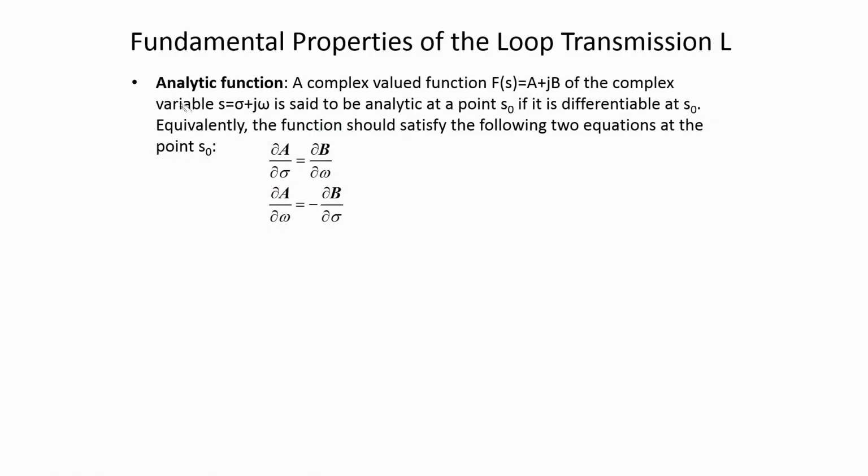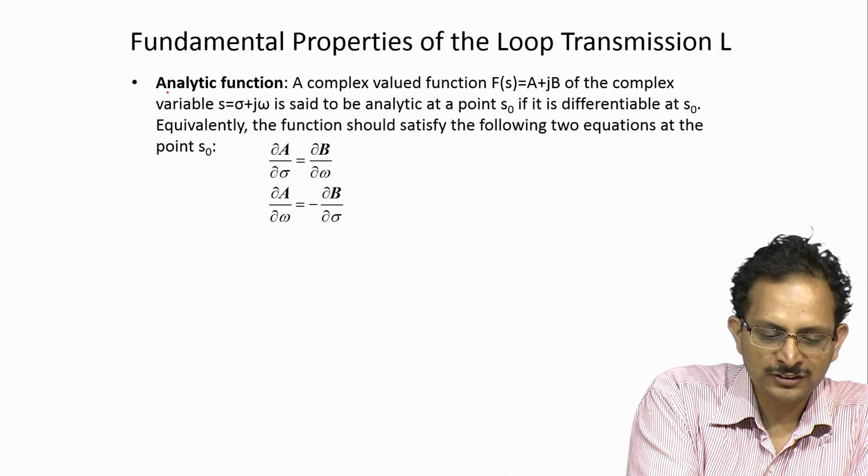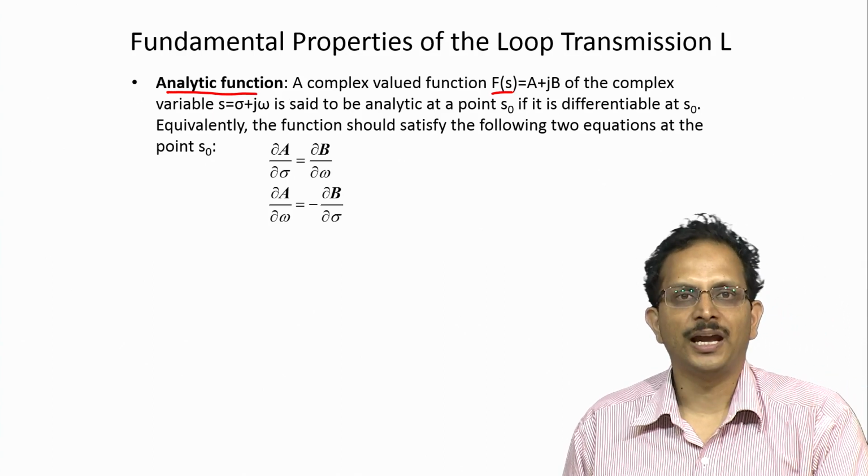So, the first property that we would be employing in doing the analysis in this clip is what is known as analyticity of a complex function. So, the definition has been indicated in this slide here. So, an analytic function is a function f of s which is differentiable everywhere.